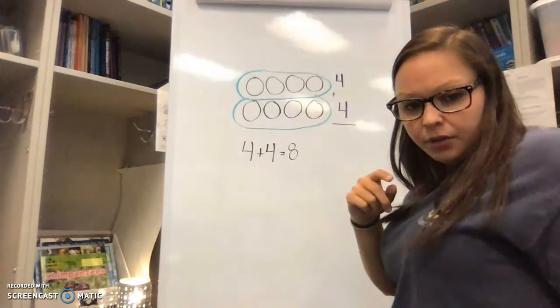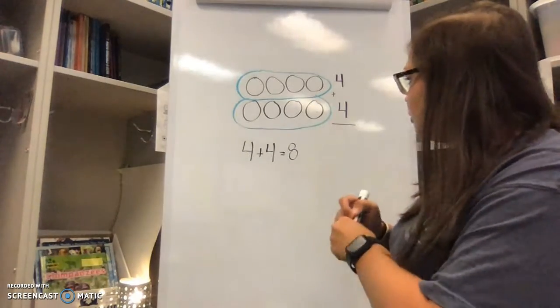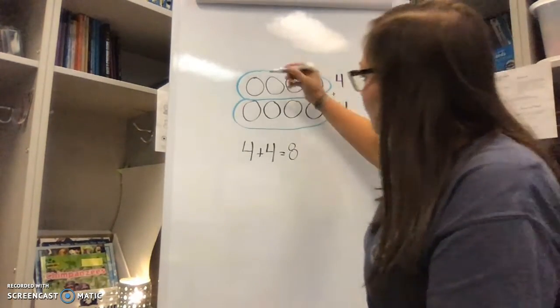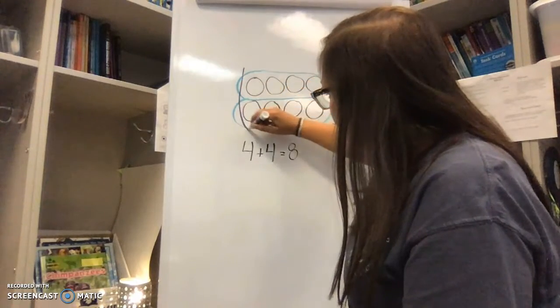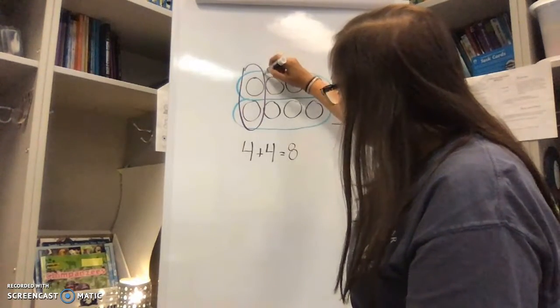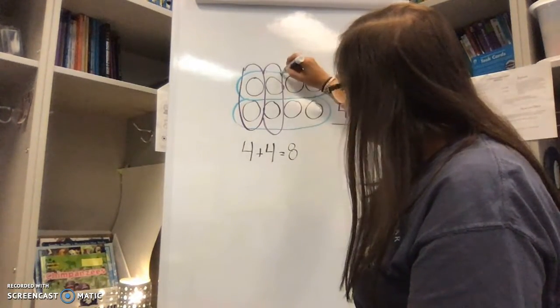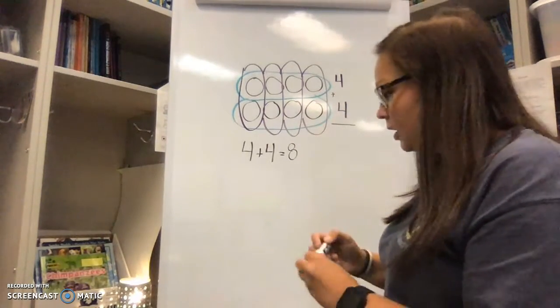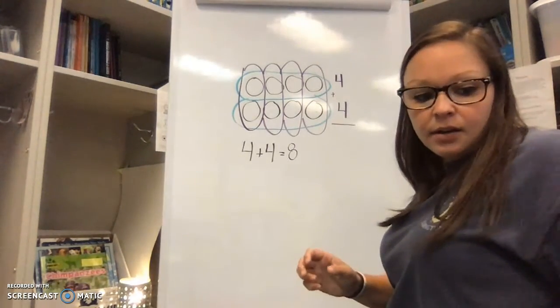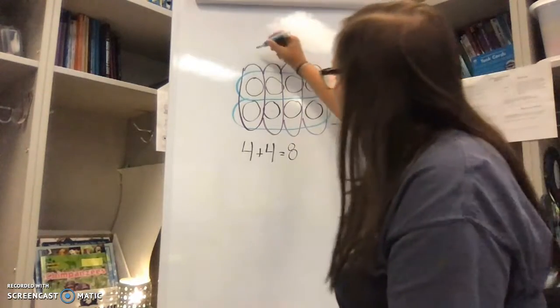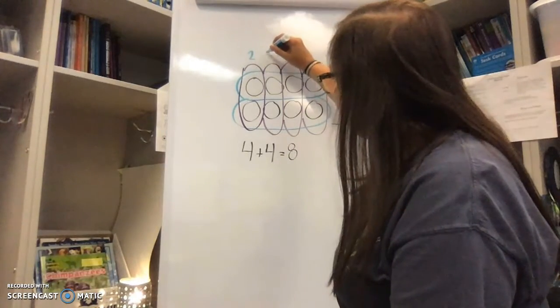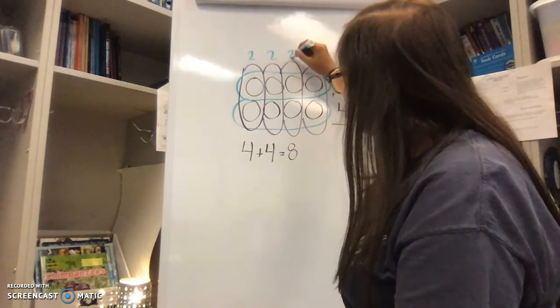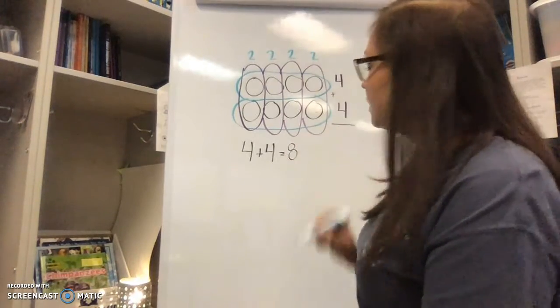Another way that we could do this is to do it by column. So I could group these 2 and these 2 and these 2 and these 2. And now I could say that I have 2 in this column, 2 in this column, 2 in this column, and 2 in this column.